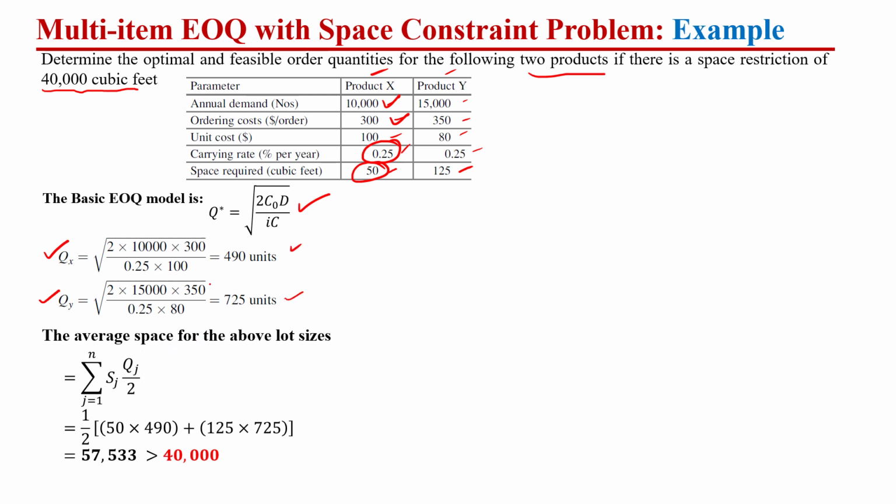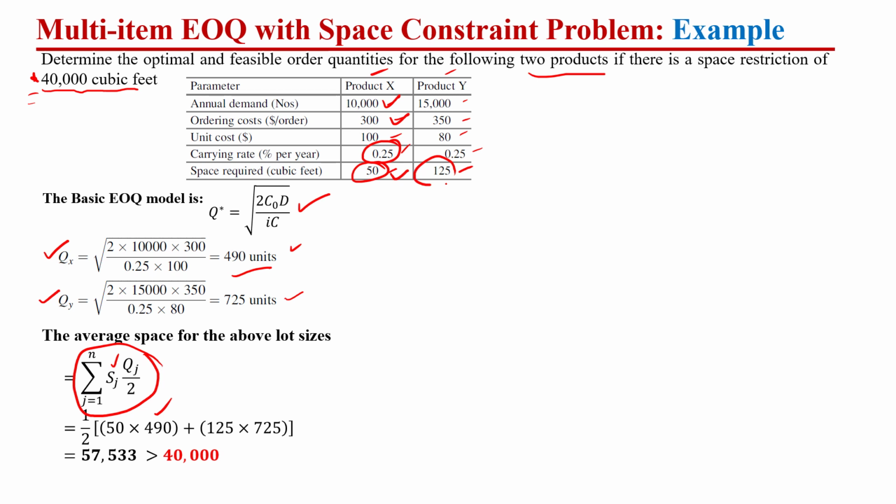Now, because the restriction was the space, we are going to apply the sum of space we are going to use. That is basically the constraint we have, that is space utilized by product j into the average quantity we have. So 1 by 2 into Sj, that is 50 cubic feet, multiplied with the Qj of X, which is 490.